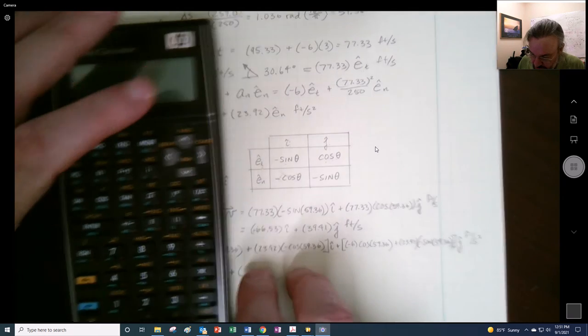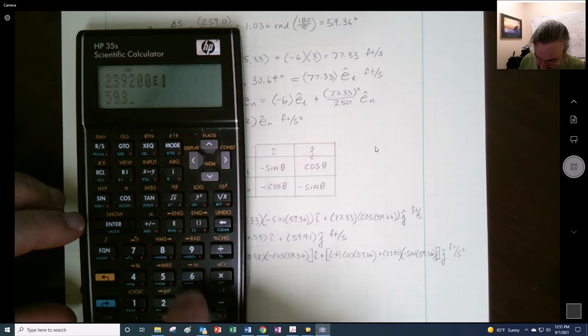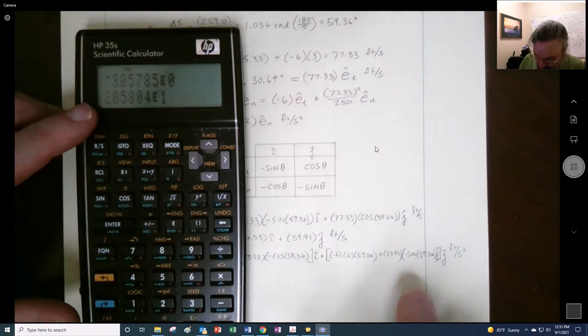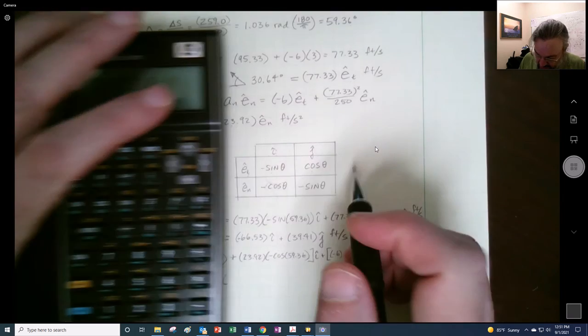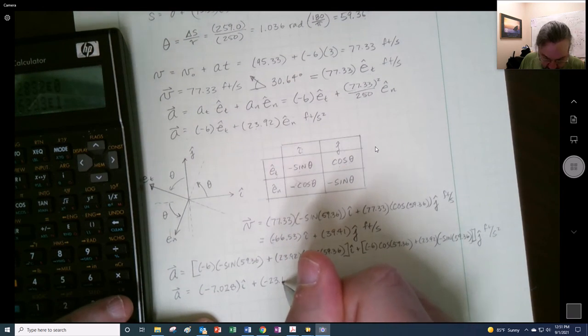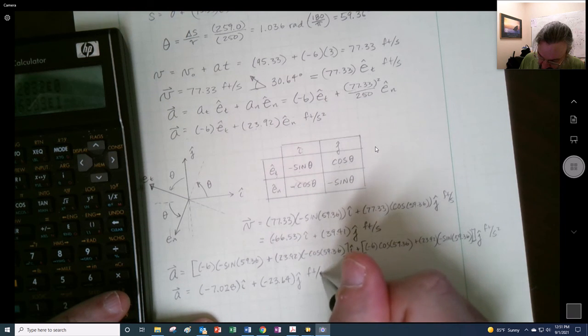Did I get that right? Yeah. And a 59.36. Take the sine of it, multiply it, and it's minus. So we get a negative 23.64 J feet per second squared.